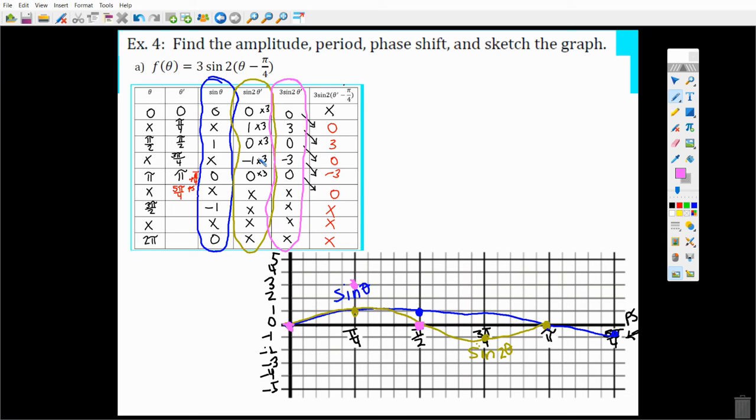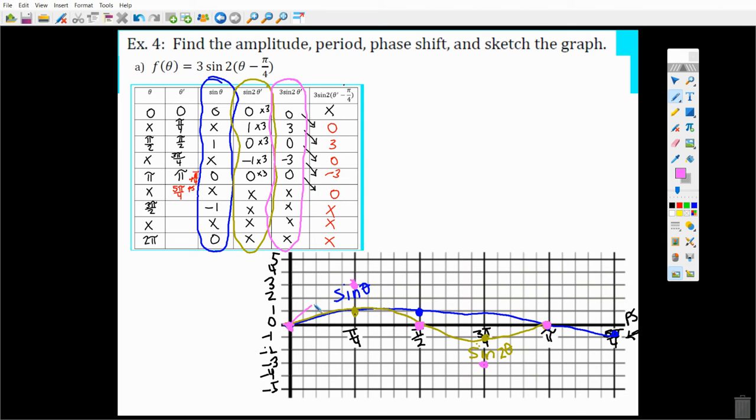At 3 pi over 4, it's going to be negative 3. 1, 2, 3. At pi, it's going to be 0. 0 times 3 is 0. And then finally, we're done with that one.